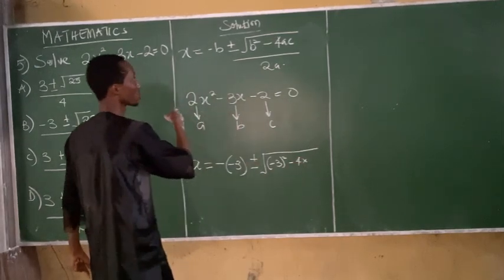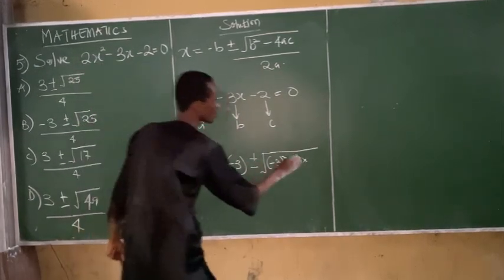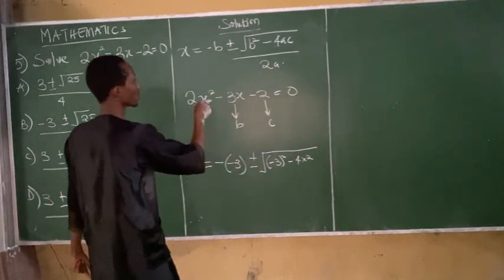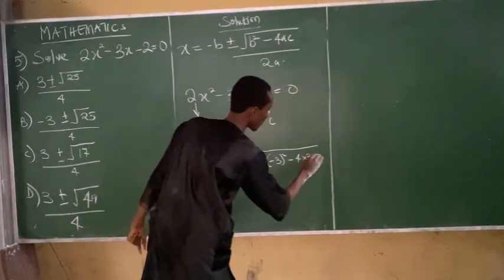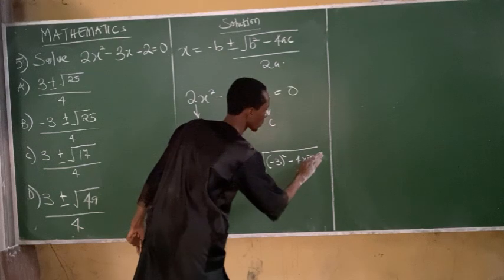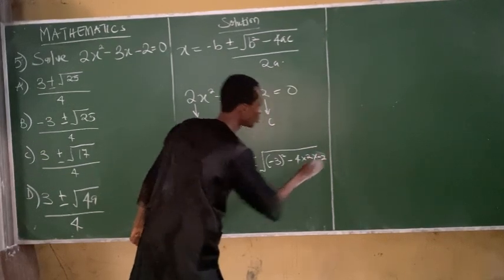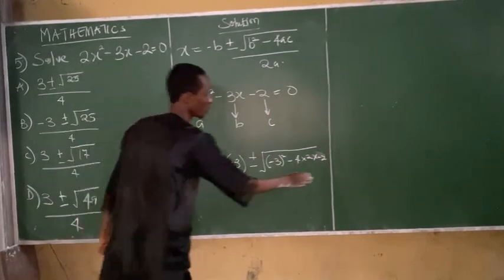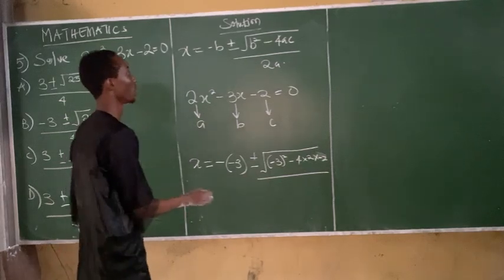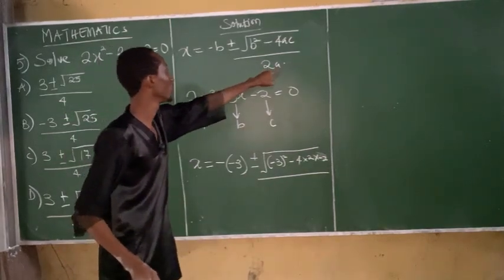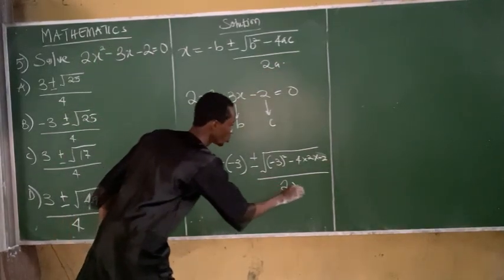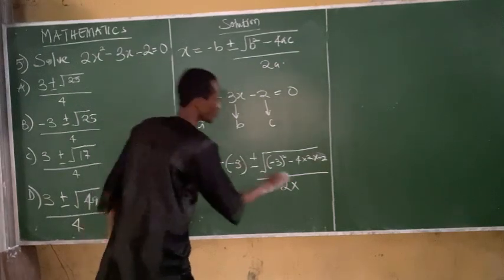Our a is 2, times our c, which is minus 2. All divided by 2a, which is 2 times our a, which is 2.